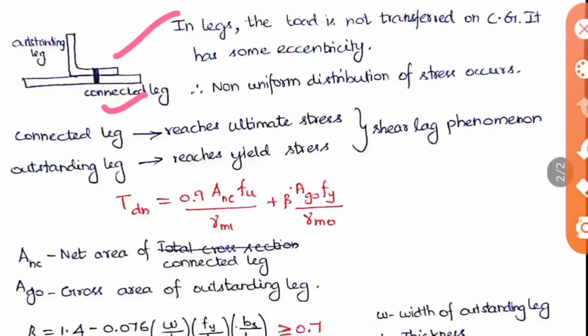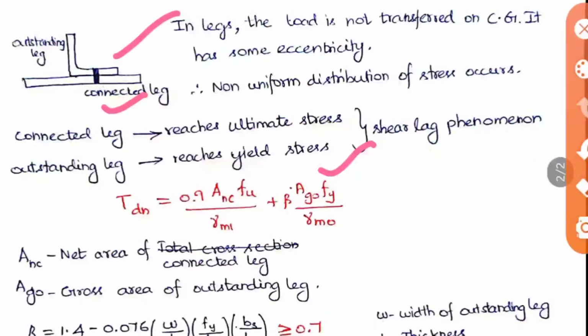Due to this, the connected leg will reach its ultimate stress, whereas the outstanding leg will reach its yield stress fy, which is less than the ultimate stress. This phenomenon is called the shear lag phenomenon, and it is completely based on the load transferring principle.